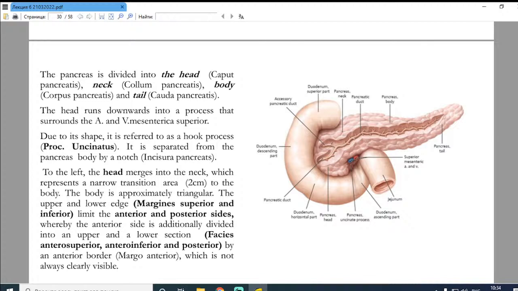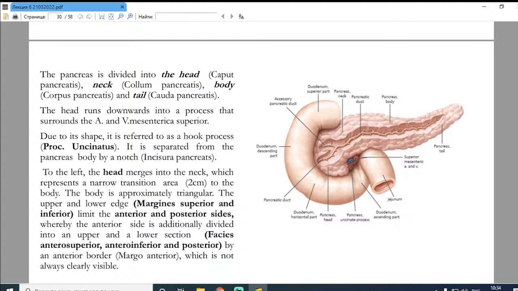The upper and lower edge, superior and inferior margo, limit the anterior and posterior sides, whereby the anterior side is additionally divided into upper and lower section.